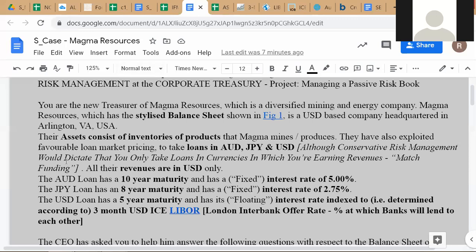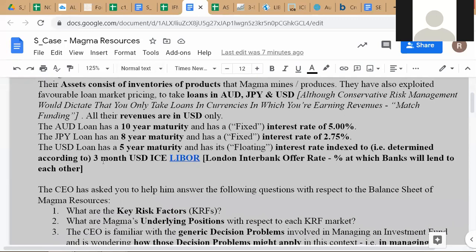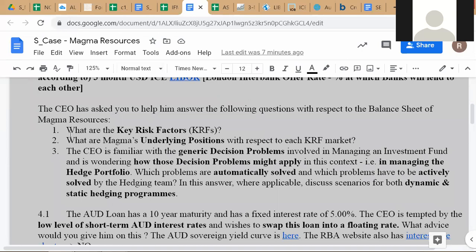So we have covered the risk factors. What is the next question? Underlying positions. Okay, so let's go and find out the underlying position. Now we know key risk factors, and the key risk factor market is basically just where the price, the price that is the key risk factor, trades.